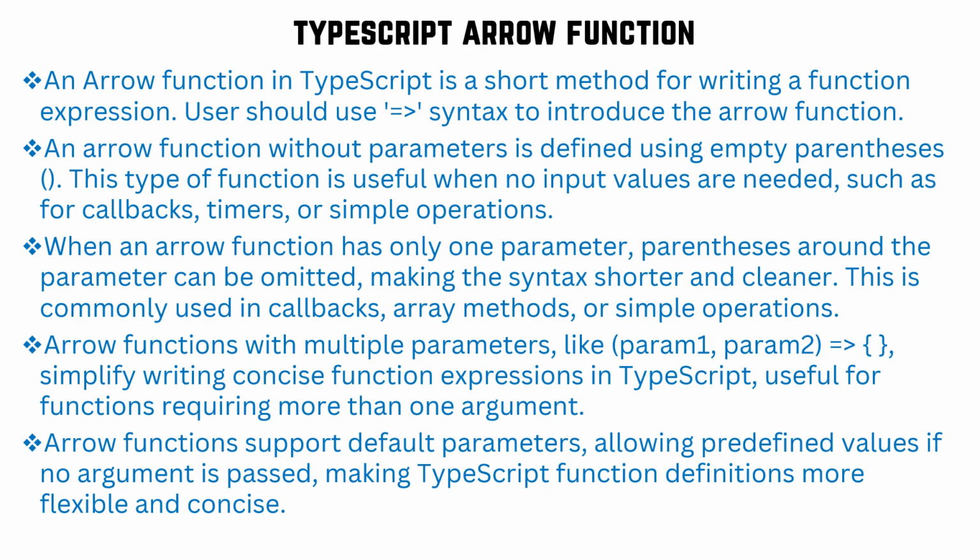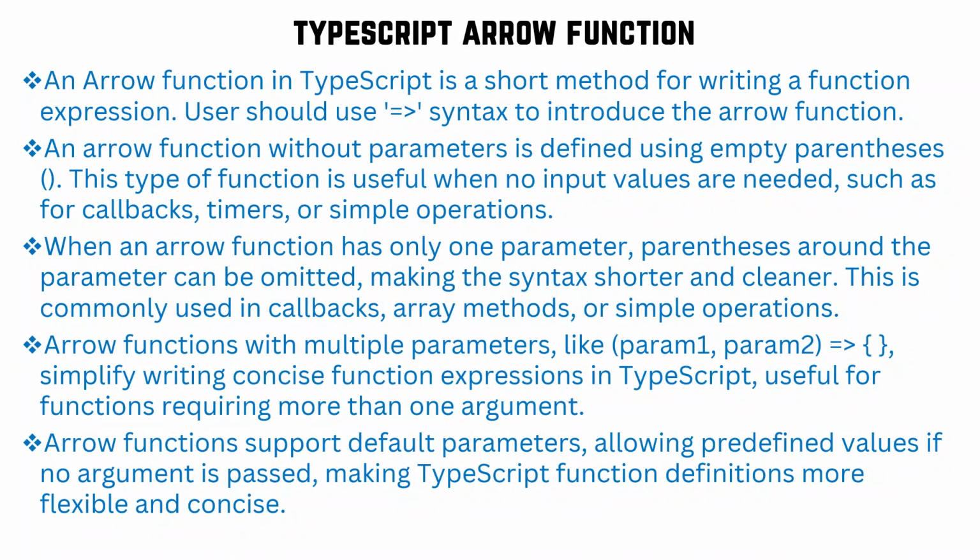An arrow function can have no parameter, one parameter, multiple parameters, or default parameters. When an arrow function has only one parameter, the parentheses around the parameter can be omitted, making the syntax shorter and cleaner. This is commonly used in callbacks, array methods, or simple operations.